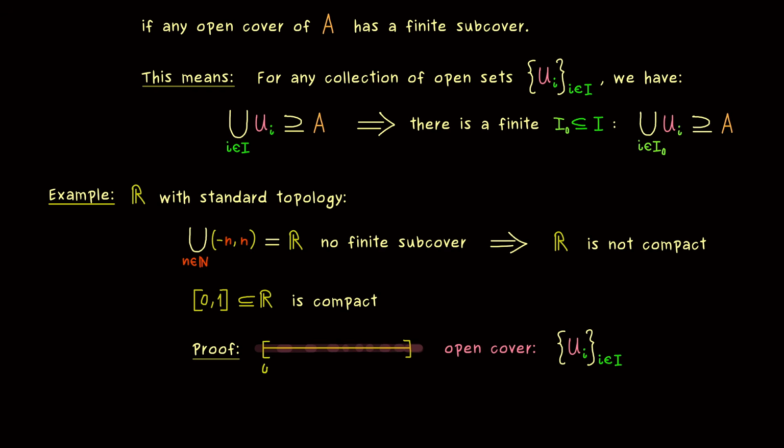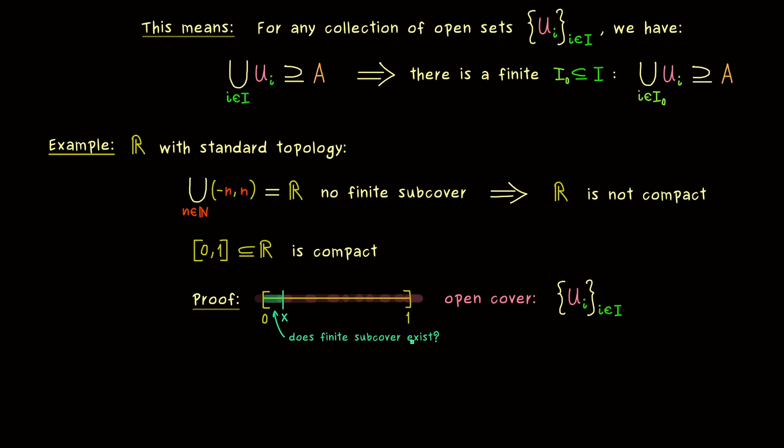So in general, we know that we have infinitely many open sets U_i. And now one nice idea for the proof is just to take a point from the interval and check if the subinterval here has a finite subcover. So this defines a whole set of points where a finite subcover exists. To keep it simple, let's call this set S and let's put all the points x in it.